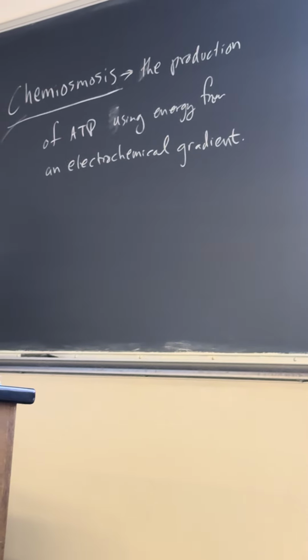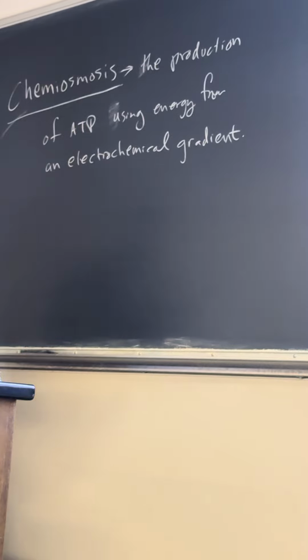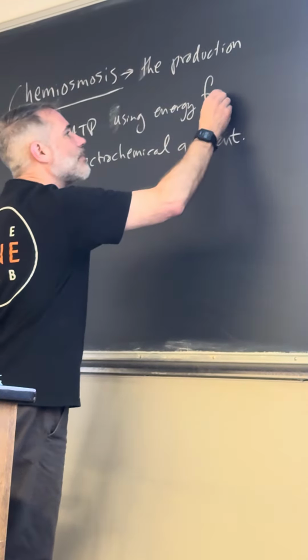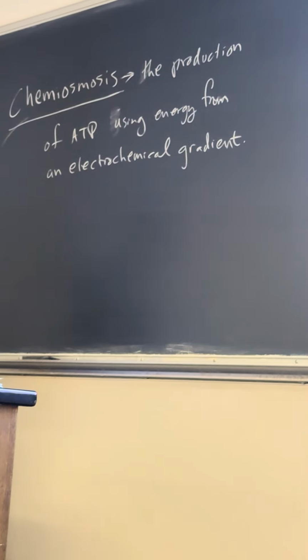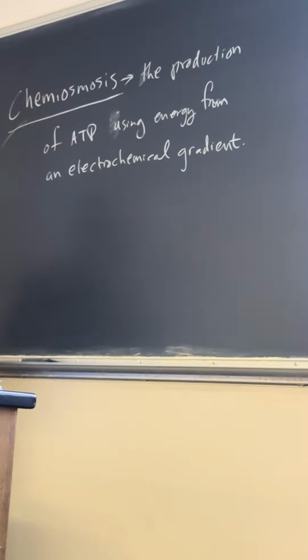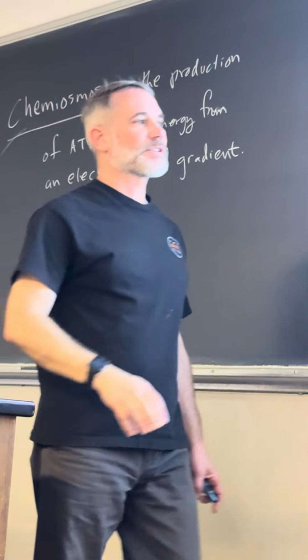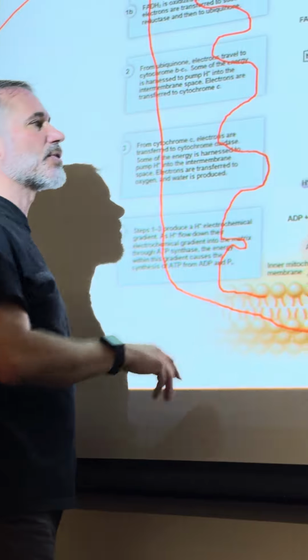The production of ATP using energy from an electrochemical gradient. And so that is what's happening in this process. So chemiosmosis describes the final event where ATP is produced because we've made an electrochemical gradient.